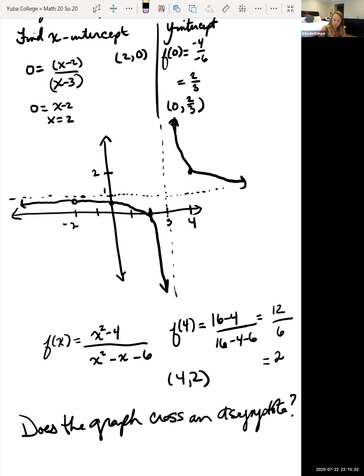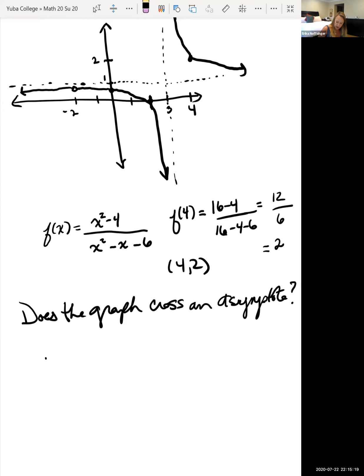It is possible, though, that it crosses a horizontal or slant asymptote. So we want to know, would our function f of x ever equal the y value of 1, because that's our horizontal asymptote? Is 1 ever equal to x squared minus 4 all over x squared minus x minus 6?